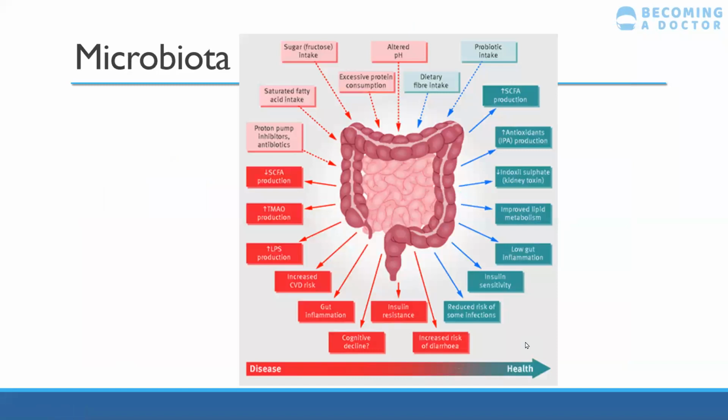Okay, this is the final thing we're going to go through, which is your gut bacteria. And I've gone into a lot of detail in the notes section, but to briefly summarize, the gut bacteria are really important in digesting certain substances in the chyme which are not digestible by the human digestive system.